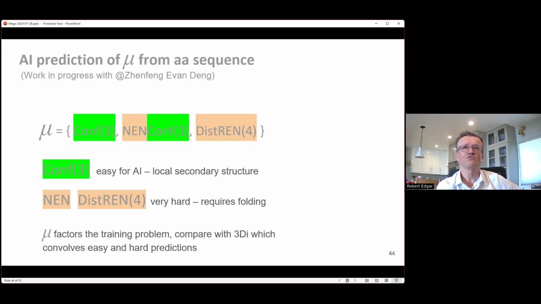Local secondary structure is easy to predict. Then finding things like nearest neighbors or the distance to a nearest neighbor, that's really hard. That requires folding. So at least we've managed to factor the training problem into easy and hard parts. I think that's going to really make the training sort of easier and more successful, hopefully.